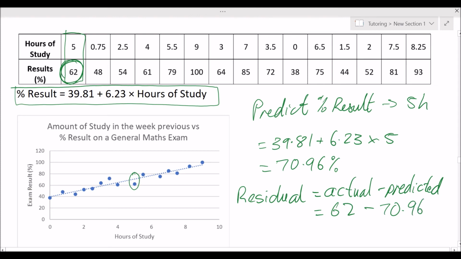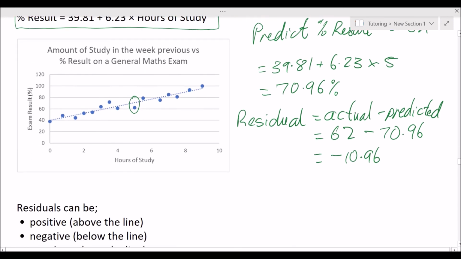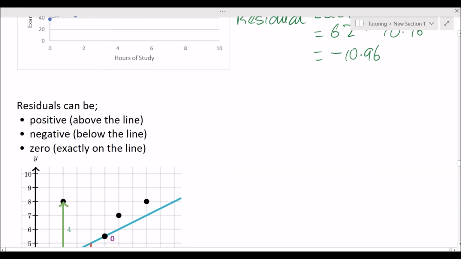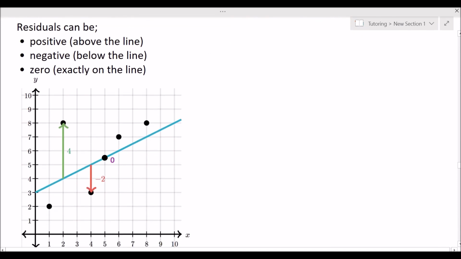Okay? And you might see that that's going to be a negative value. Okay? So our residual value is negative 10.96.